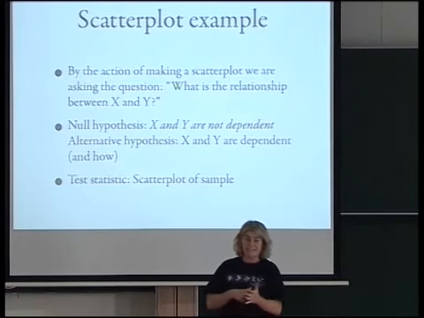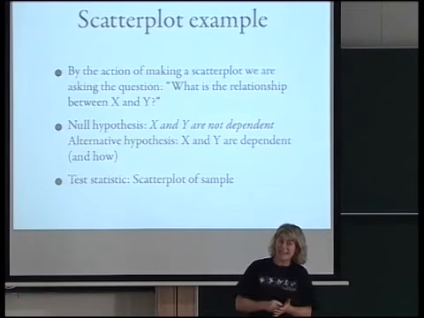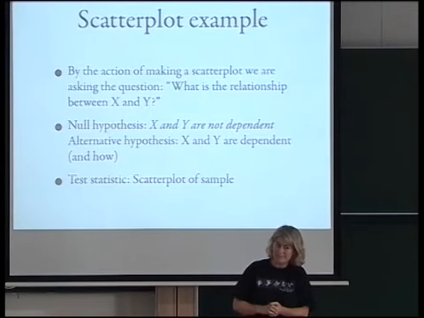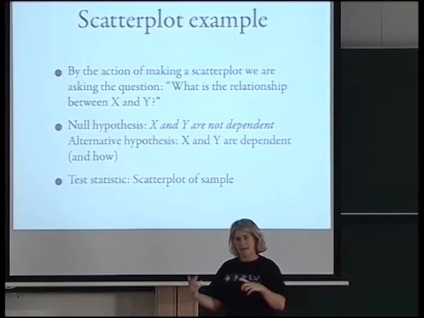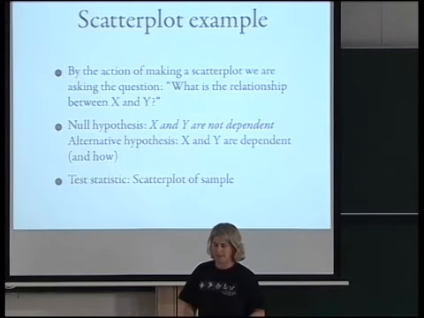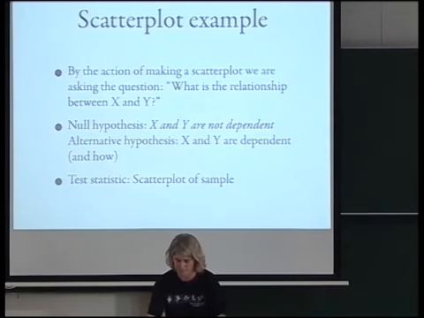The test statistic for this is the scatter plot itself. Just like we can calculate test statistics for all sorts of things, when you make a graphic, that's a test statistic. It's your sample that you're looking at, and that's a particular piece that you have to work with.